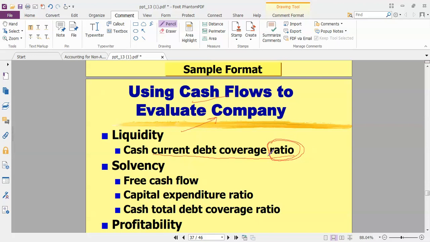And if you want to compare our company with other companies, our rivals outside the company, we must check the liquidity of the company using the current debt coverage ratio.